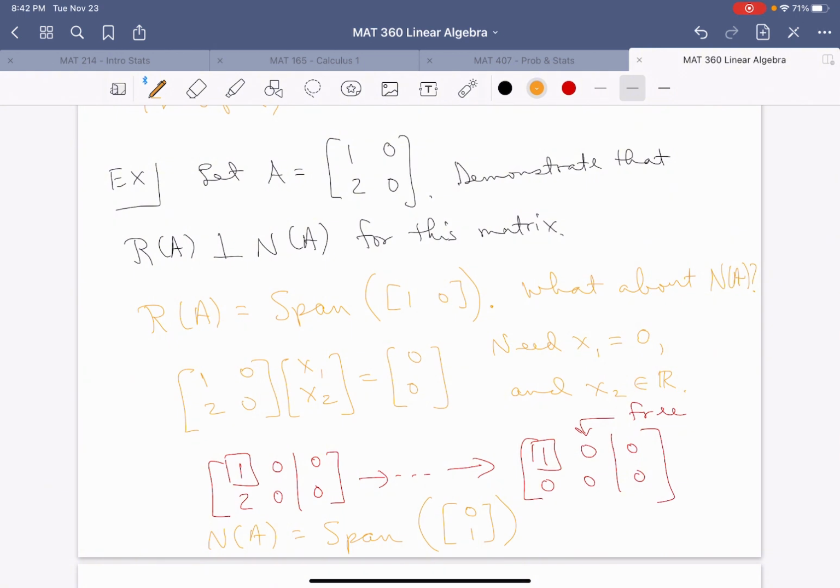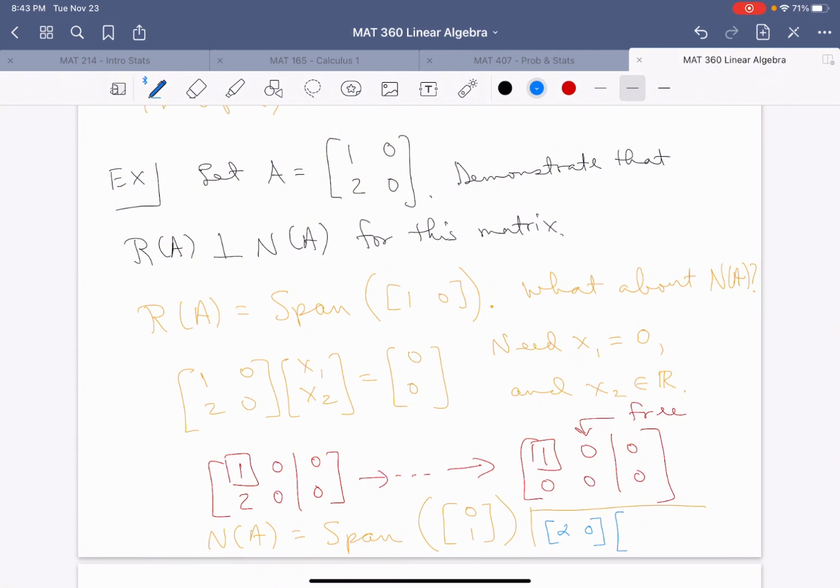And so I think it's clear to see any element from the row space. An arbitrary element from the row space would be alpha times that vector 1, 0.